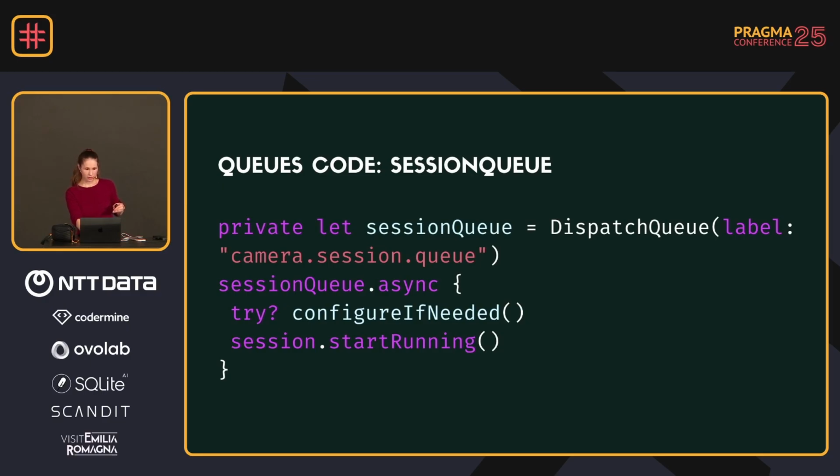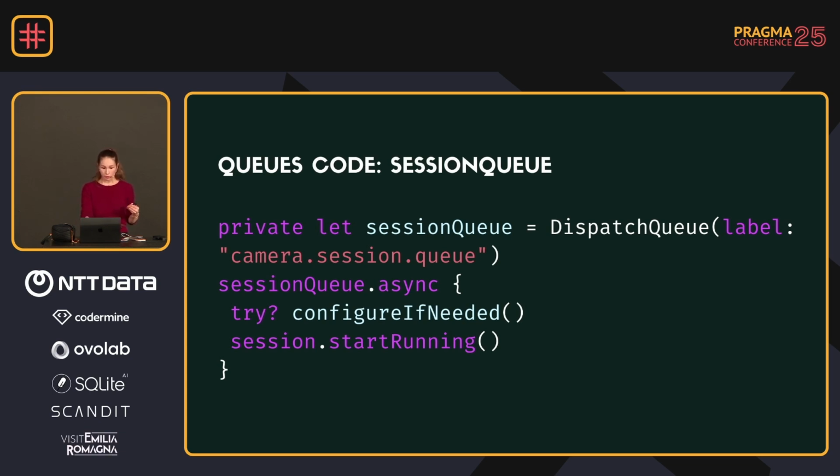So yeah, let's look at the session queue code. First, there is a configuration. It's never done on the main thread. We use a queue to start and stop the camera. And then the frames queue code looks like that. We wrap everything, and it's important when you use a frames queue to use the autorelease pool, because each frame allocates some amount of memory, and if it's too much, then the app will be killed because it takes too much of the memory.